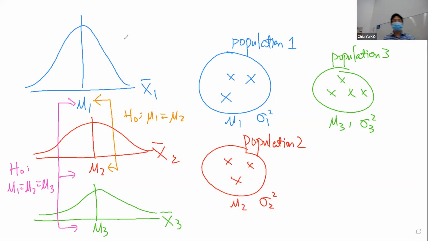I would say the computational stuff is very heavy here. There's no way in this world you're going to use your hand to do it. You use a computer anyway. So the important thing is you understand the many terminology here. You need to understand what they are. Of course, in the slide I will tell you how you calculate, but in the world no one actually calculates it by hand.